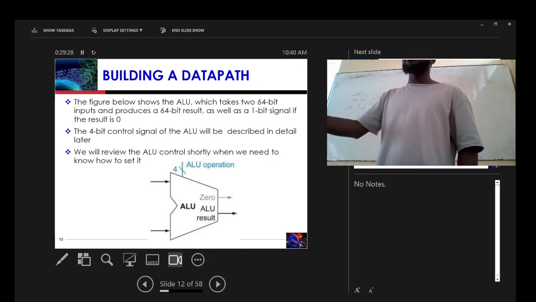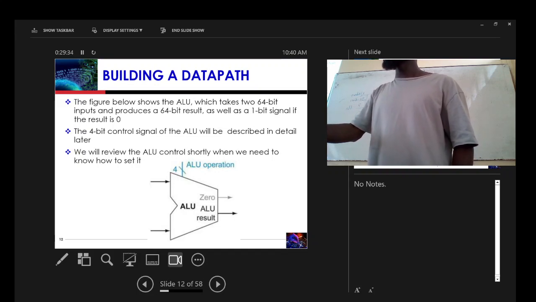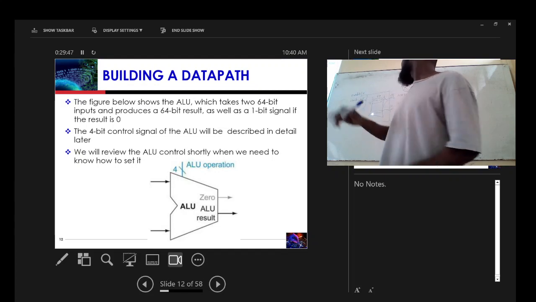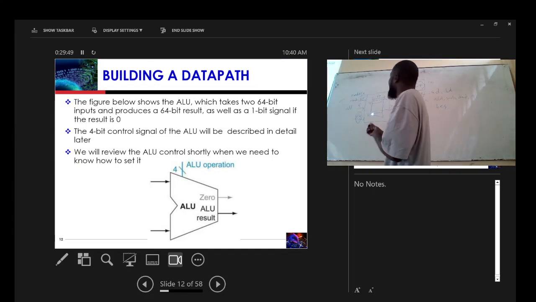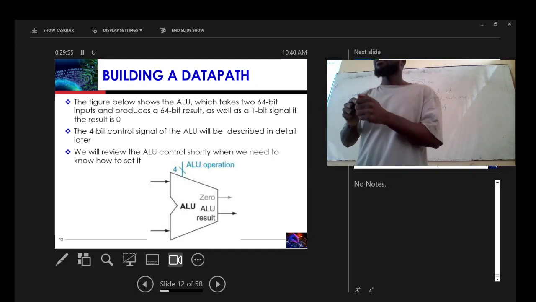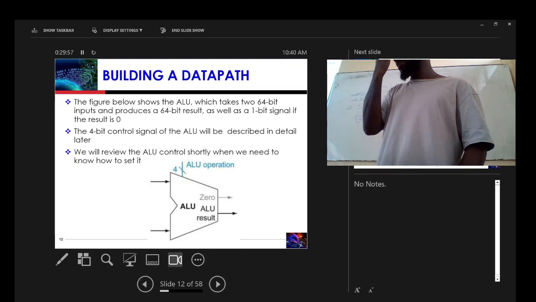You will get to know why it's important. If it checks whether the result is zero, you can use it for whatever you want. For instance, in case you are doing branching, the BEQ.